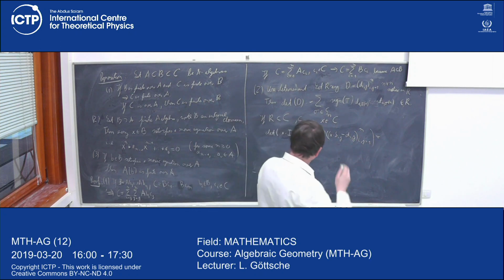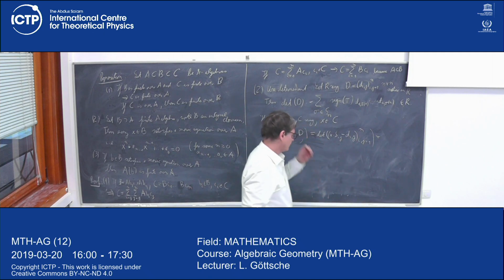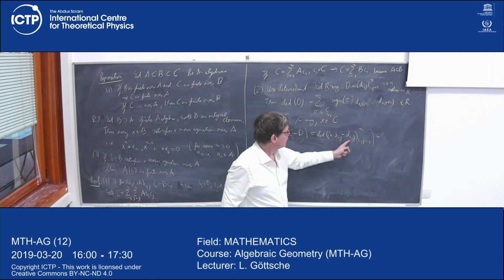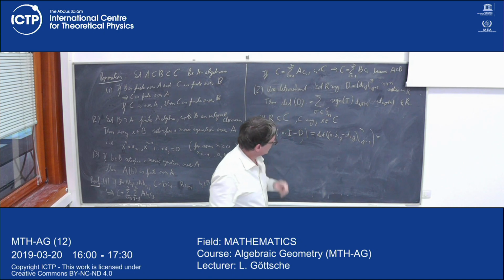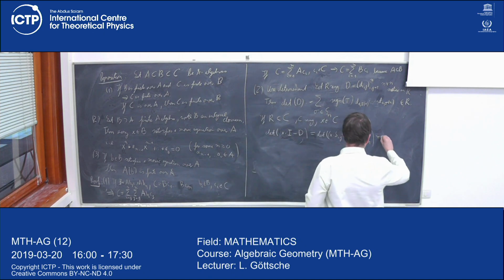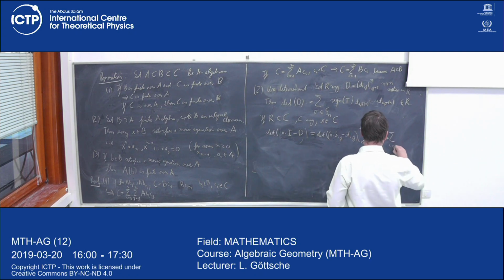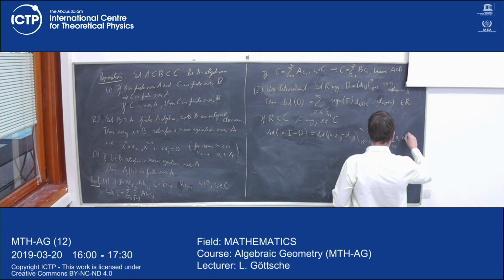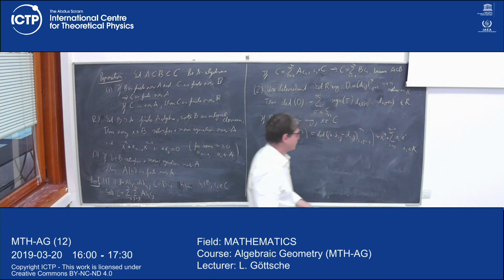So now, this D_ij are in R. The only thing which is not in R is this X. So I claim we can write this as X to the n plus the sum for i equals 0 to n minus 1 of a_i x to the i, where the a_i are elements in R. How's that?